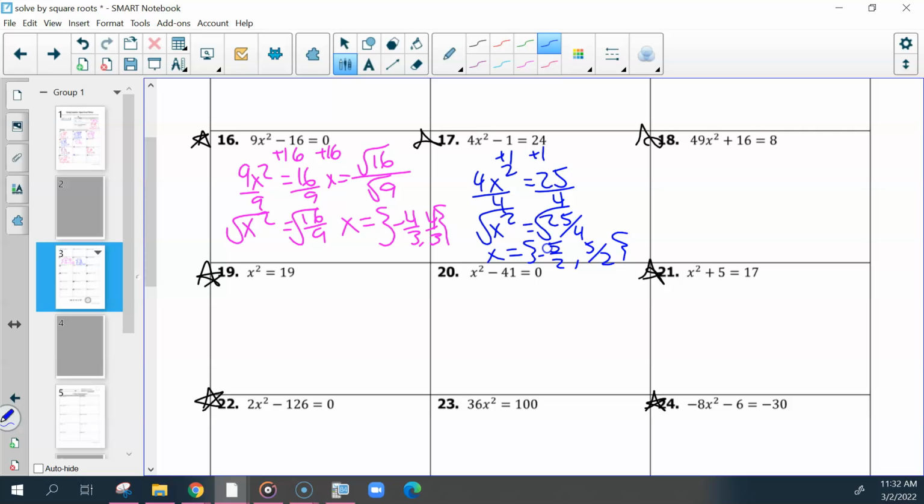Number 18. How will we start solving that? Subtract 16 on both sides. And then what? And then what?